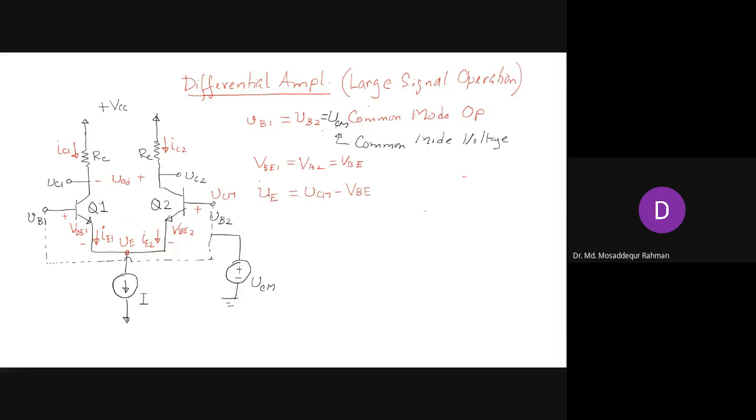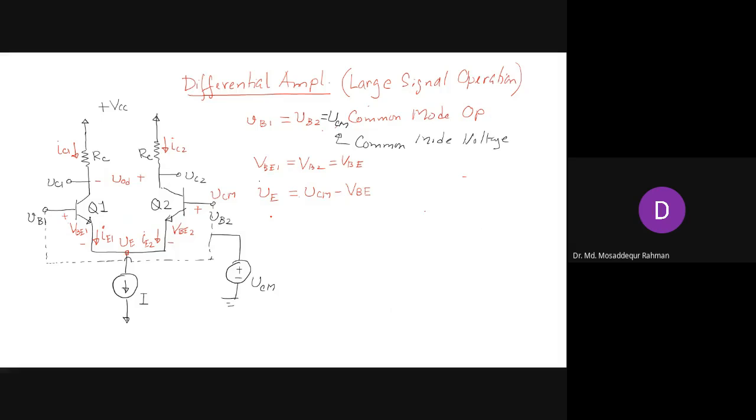Now you see that both the transistors we have assumed are identical and have the same VBE, right? For both the transistors. So what will happen since they have the same bias voltage? This current I will divide equally between these two, Q1 and Q2.